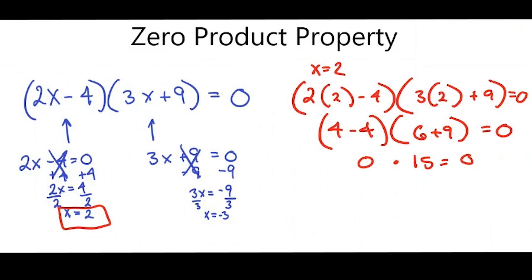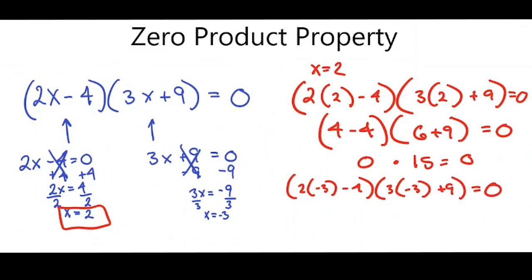Now let's try x equals negative 3. So I will plug in (2 times negative 3 minus 4) times (3 times negative 3 plus 9) equals 0.